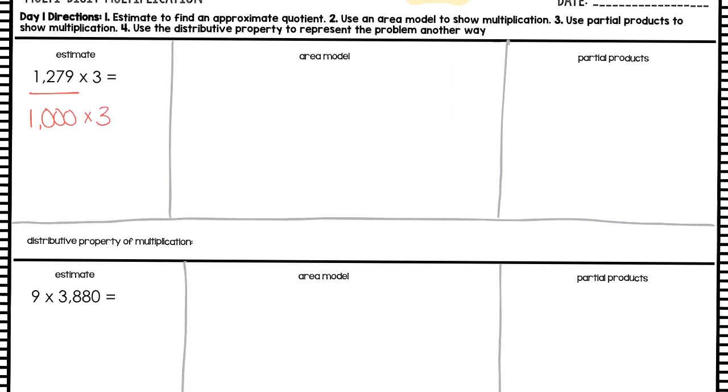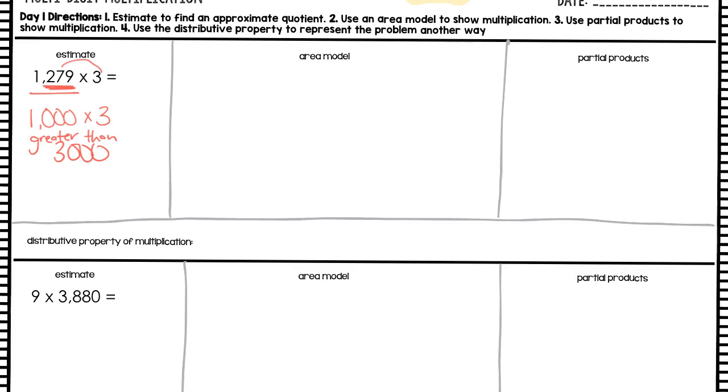And if I did that 3 times, that's an easy problem. It would be 3,000. So our number should be a little bit more than, or greater than, 3,000 because we still have these 279 that we have to do 3 times. Okay, so there's our estimate.